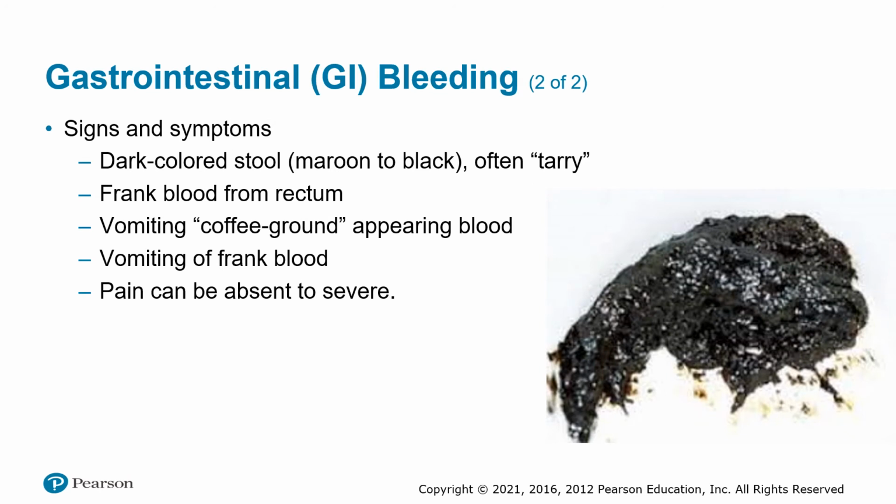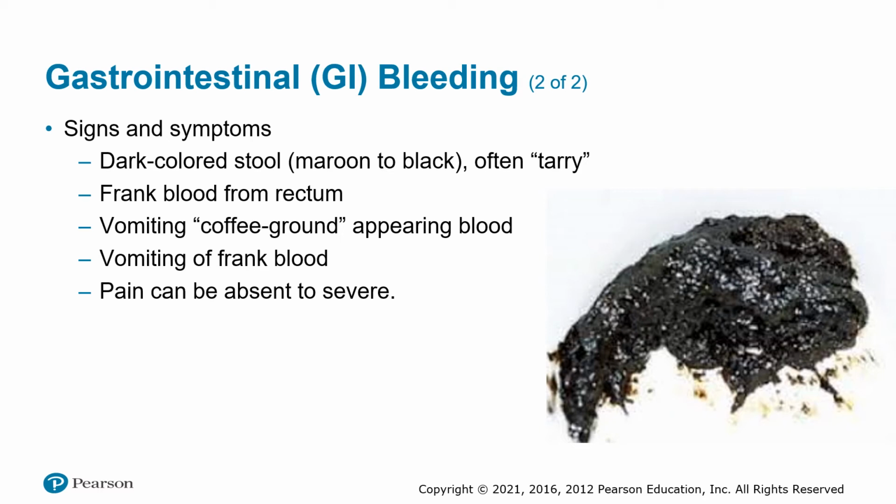If it's coming from the upper GI system out the rectum, it will be a dark colored stool, often tarry in color, maroon to black. If it's frank blood, bright red blood, that means it's coming from lower in the GI system.